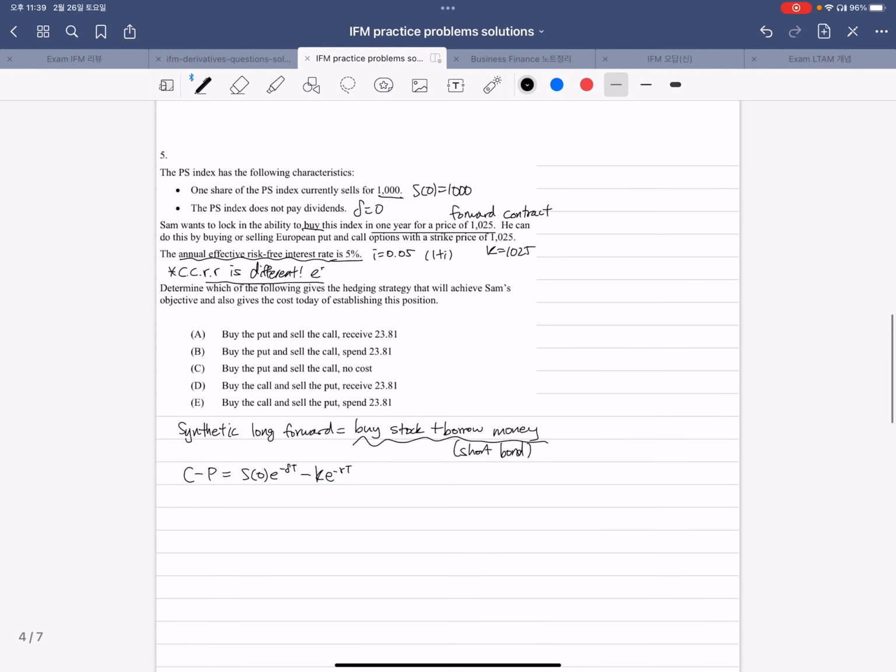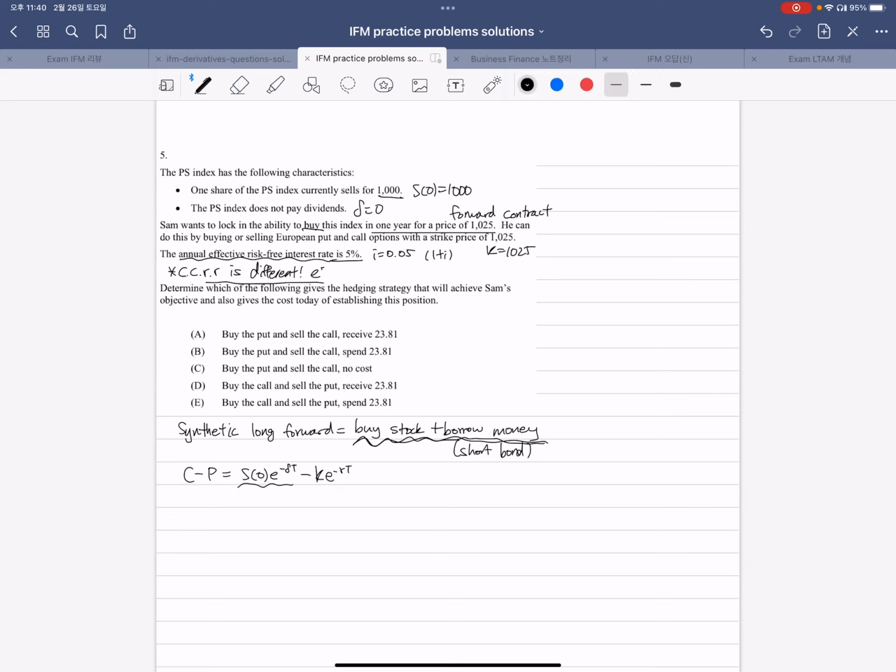He can replicate buying a stock and borrowing money, which is a long forward, by buying a call and shorting a put, as you can see here. This situation is buying a stock and shorting a bond, so he's borrowing, and this is a cost perspective.